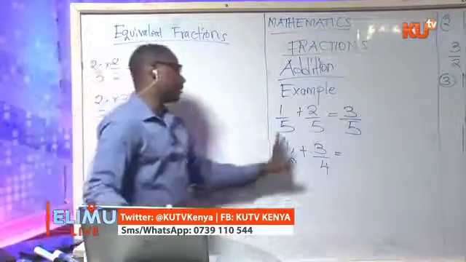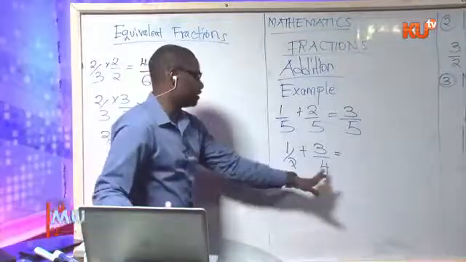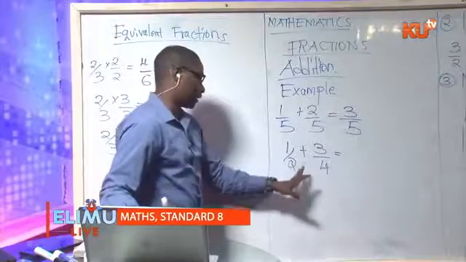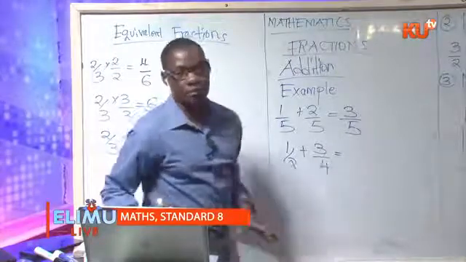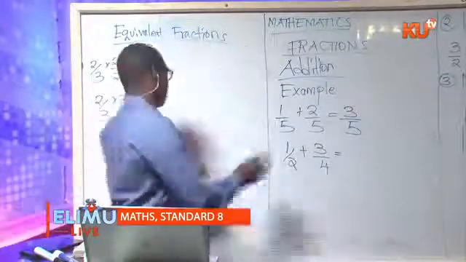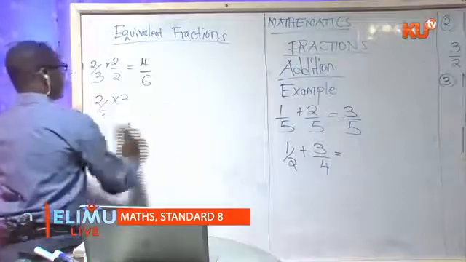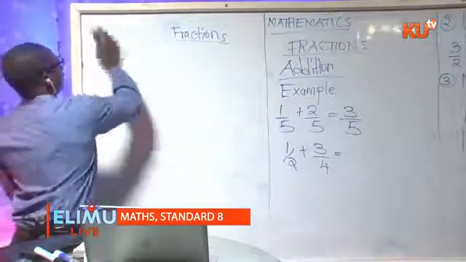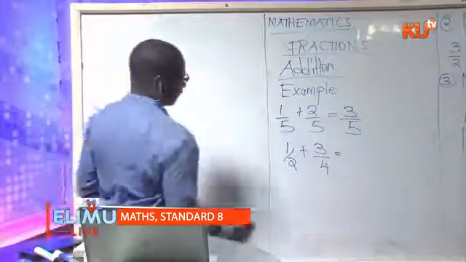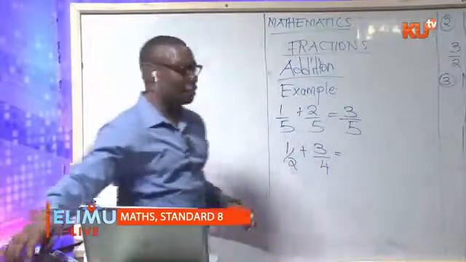So when you are adding fractions that have different denominators, it brings in the aspect of LCM, lowest common multiple. I'm assuming we all know how to work out the LCM when you are given different denominators, although we'll still do it.